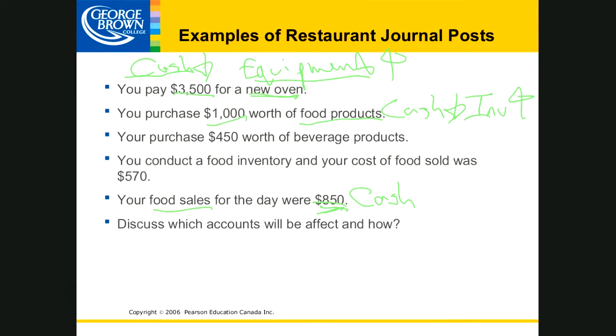So your cash would be increasing. But you're also recording that you've generated some food sales. So I'm just going to put FS here for food sales. You're also going to want to show that your food sales are increasing. So your food sales increased because you sold food during the day. And as a result, your cash also increased.